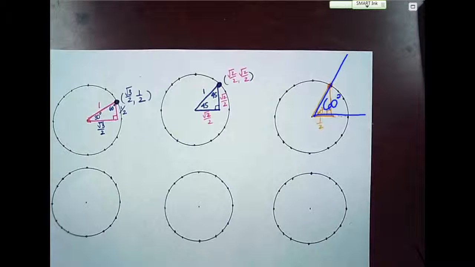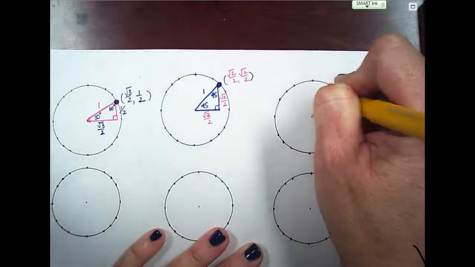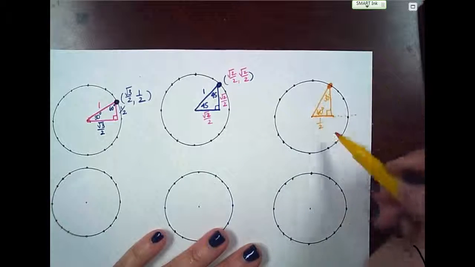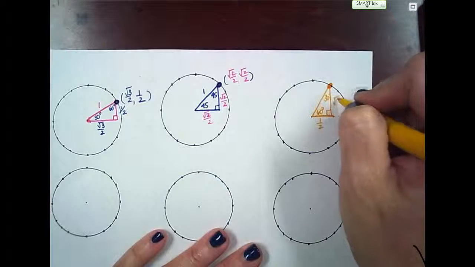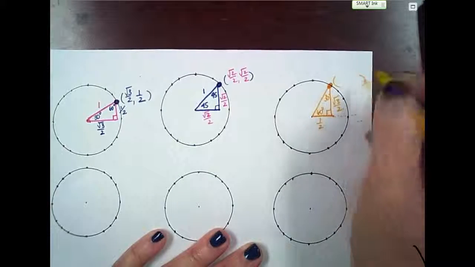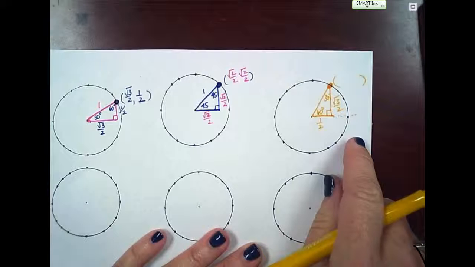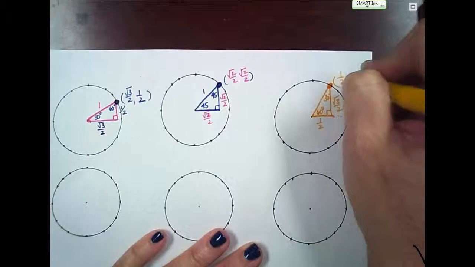Okay, but I don't have that much room, so I'm writing really tiny. So I just said that this was 60, which makes the other one a 30. Every triangle basically is a 45 or a 30-60. Okay, so if that's long, then across from the 60, you're root 3 over 2. So what do you think my ordered pair is going to be? 1/2 over and up. Isn't that how you find an ordered pair? So 1/2, root 3 over 2.